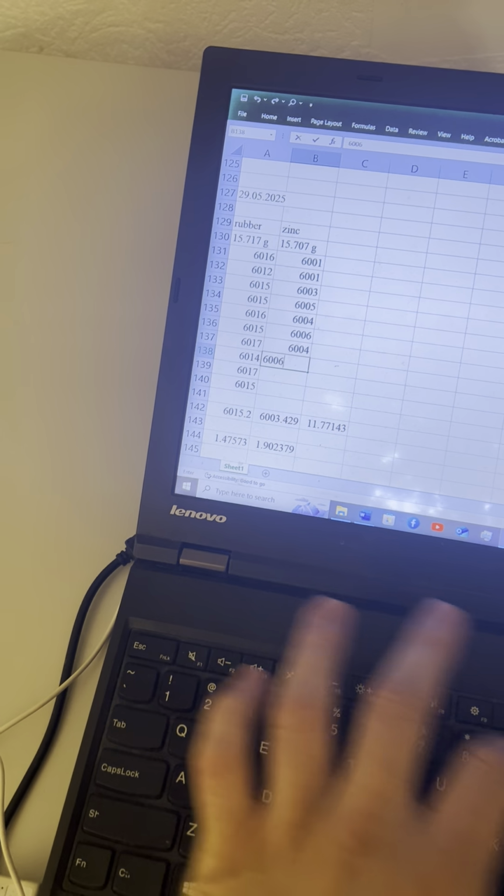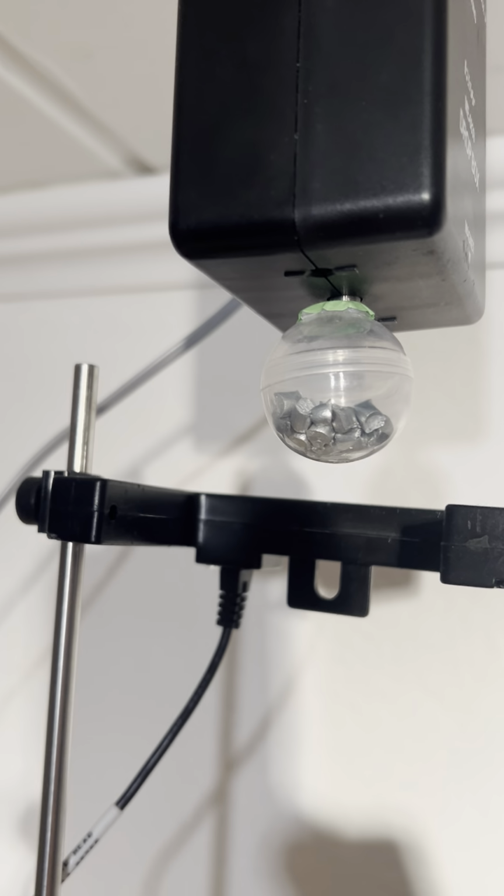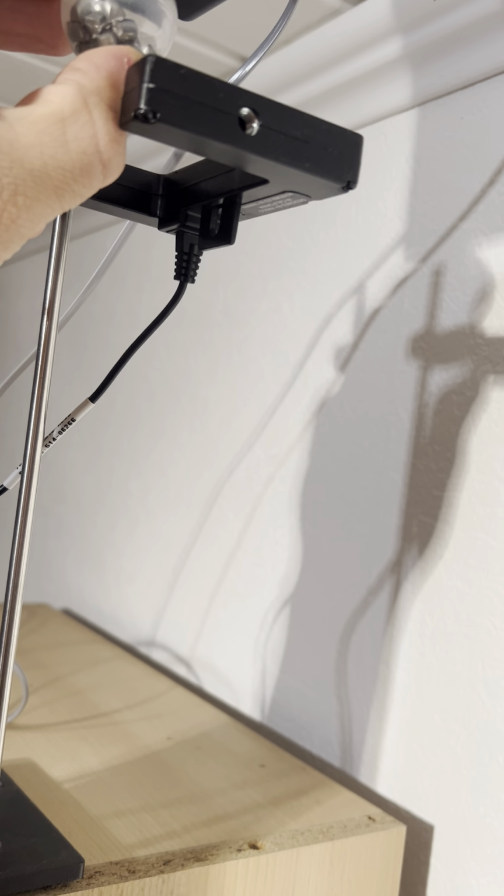Well, 10 trials of any experiment is pretty good. 6006. 604. And one last trial. 6005.